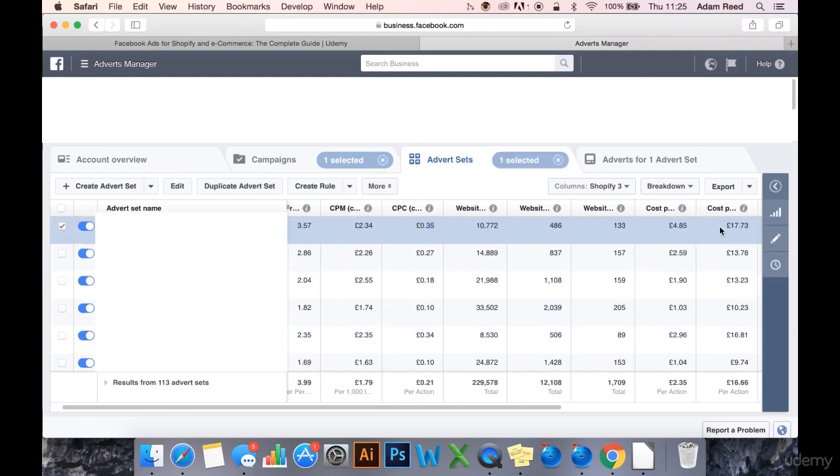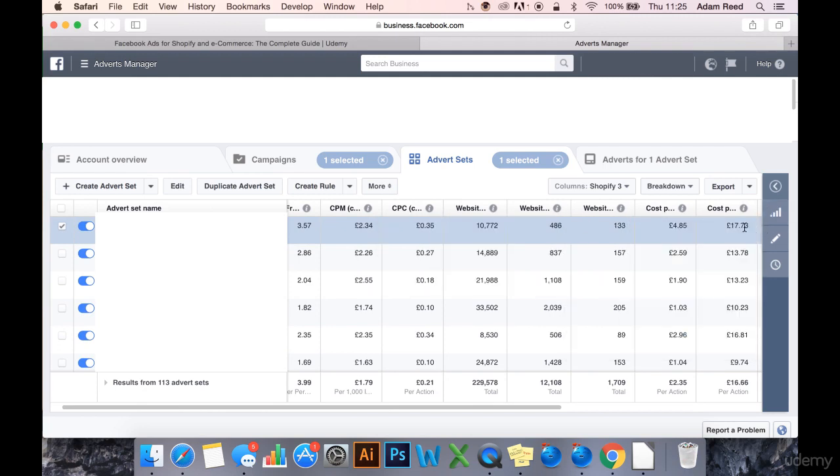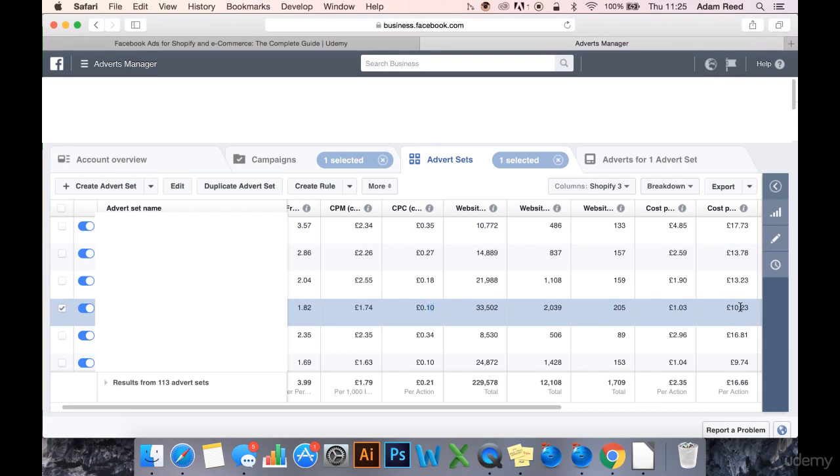And as you can see, the cost per website purchase is $17.73. Whereas if we come down, the CPC here is 27 pence. Cost per purchase, £13. CPC, 10 pence. Cost per purchase, £10. Okay?